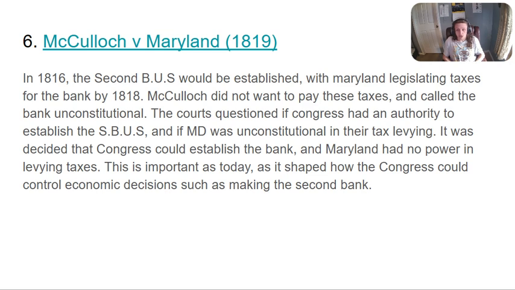What a crybaby. The courts questioned if Congress had the authority to establish the Second Bank of the United States and if Maryland was constitutional in the tax levying. It was decided that Congress could establish the bank, and Maryland had no power in levying taxes. This is important today as it shaped how Congress could control economic decisions, such as making the second bank.